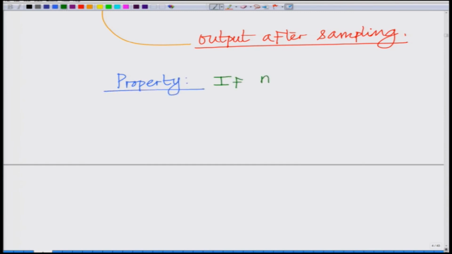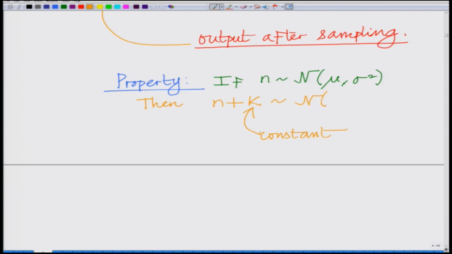If you have n which is distributed as a Gaussian random variable with mean mu and variance sigma square, then n plus k, where k is a constant, is distributed according to a Gaussian random variable where the mean is shifted by k and the variance is unchanged.